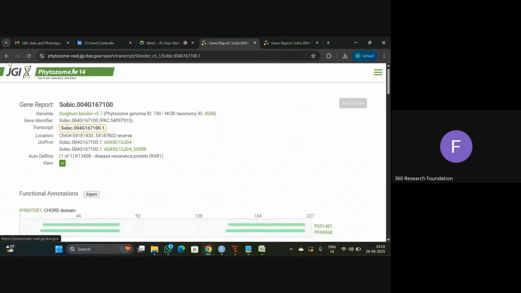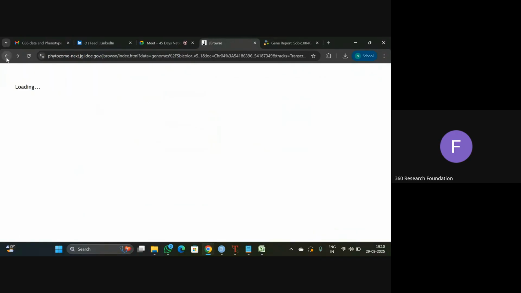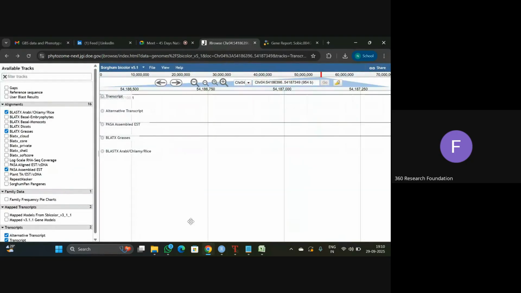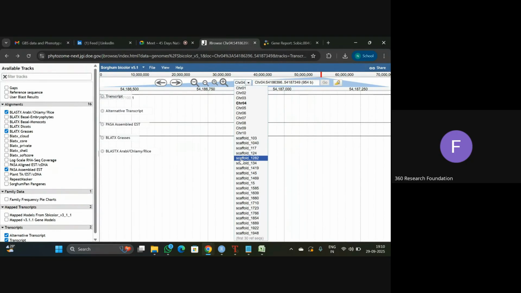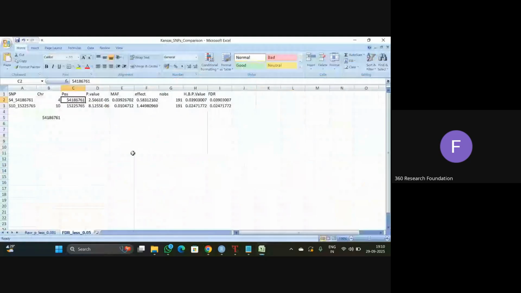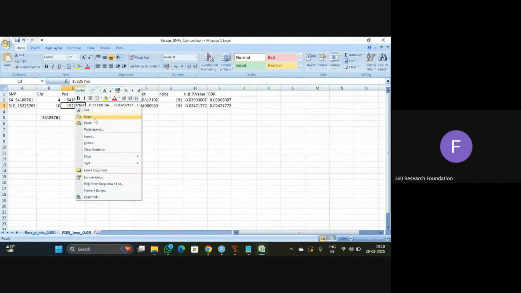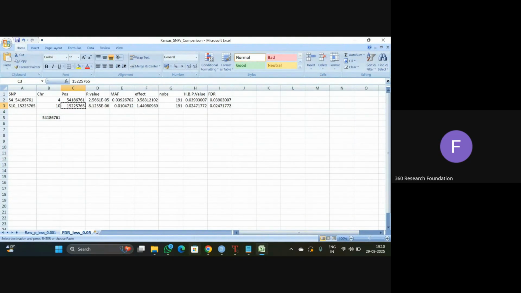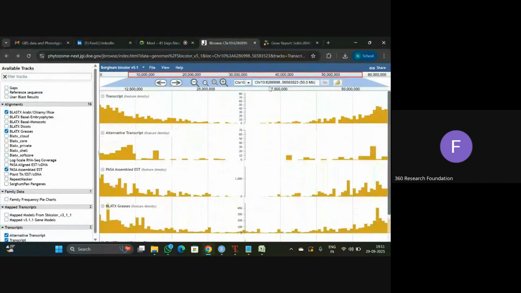So now we'll search that marker on chromosome 10 in 5.1. This 10th chromosome marker we will search in 5.1.